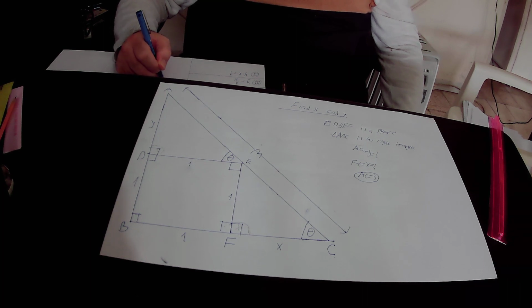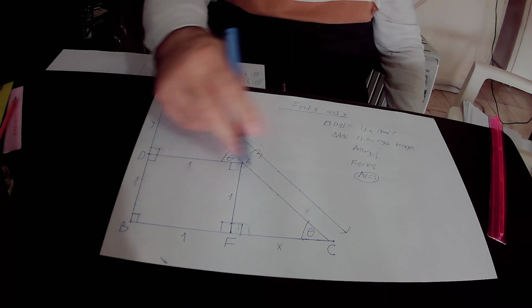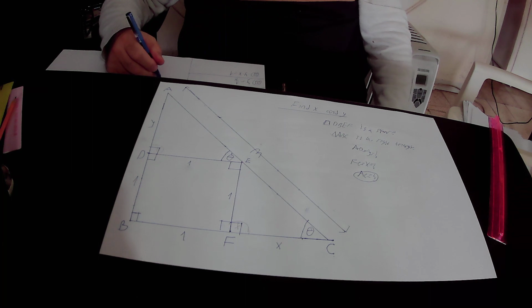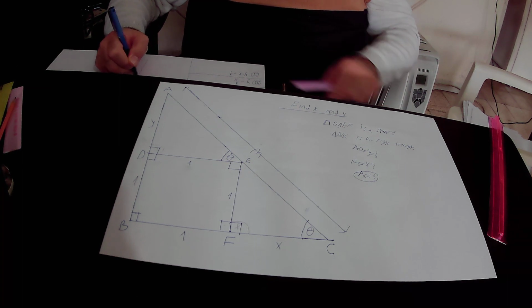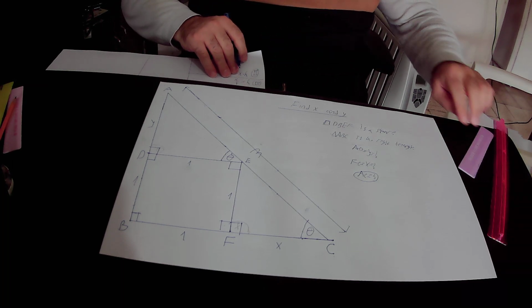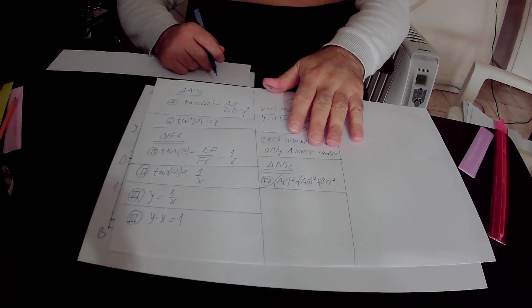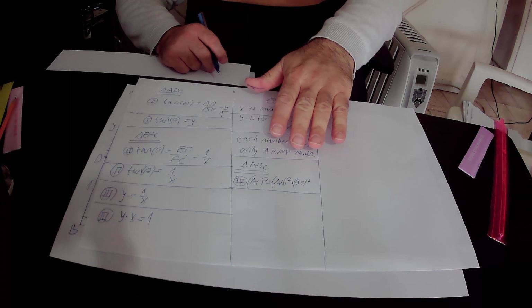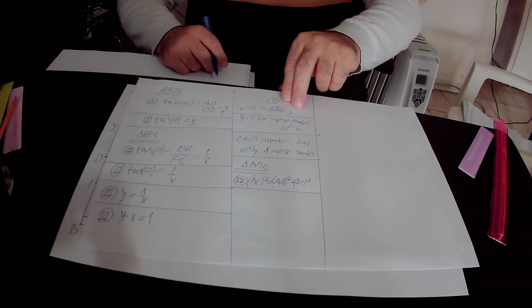It equals AB squared plus BC squared. That is to say, AC squared equals AB squared plus BC squared.